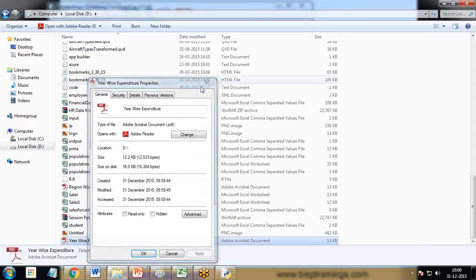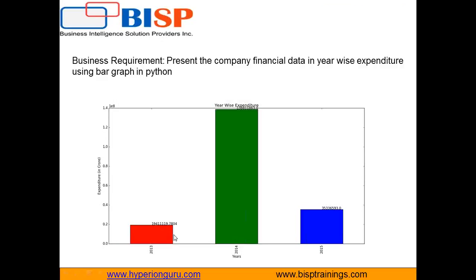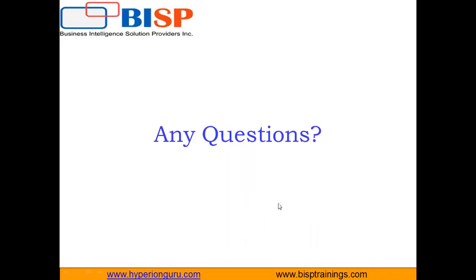So that's how we can generate a report in Python based on the scenario and requirement, and also export it as a PDF so that we can share it with our users. So that's all in this video.